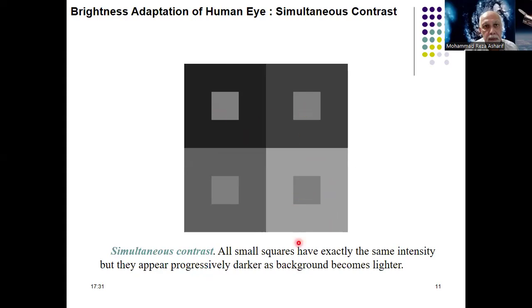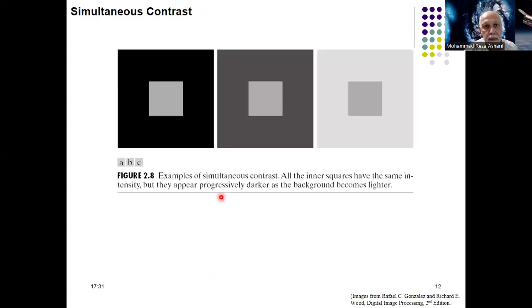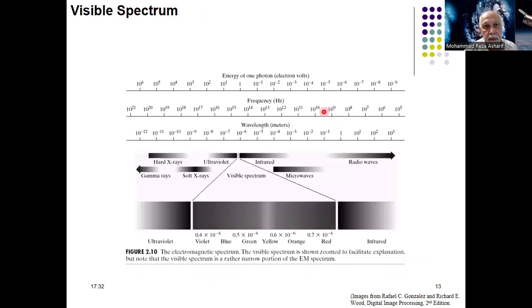Actually, this inner square is the same level of darkness, like this also. And in electromagnetic waves, this is the energy of the photon.